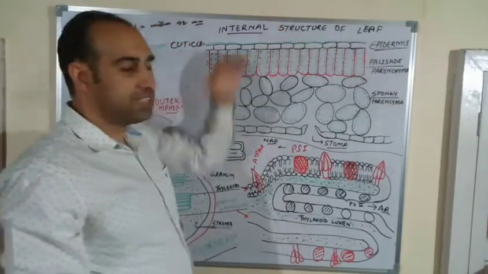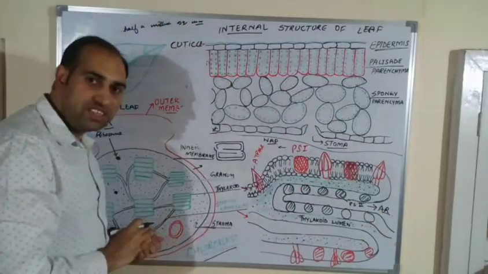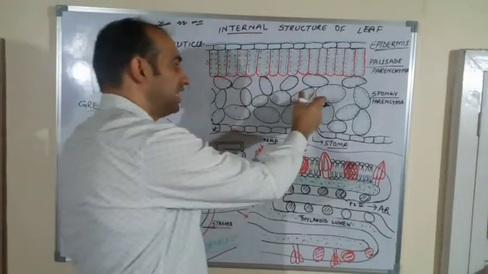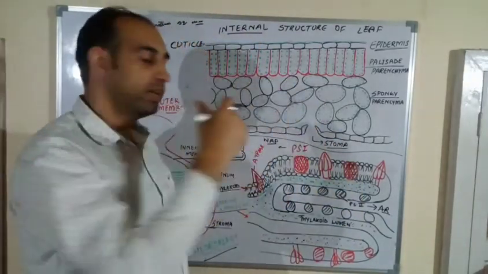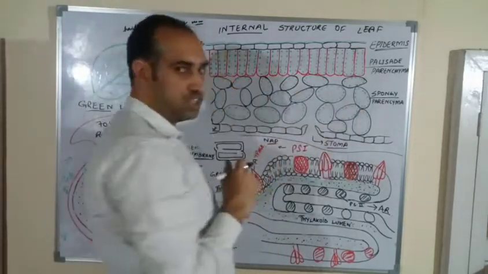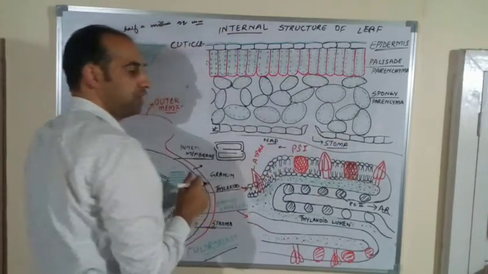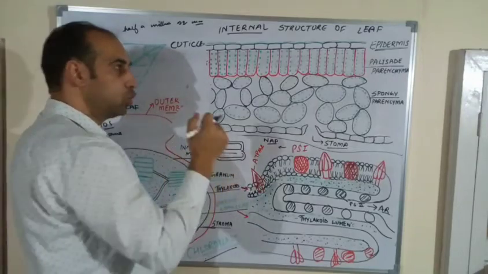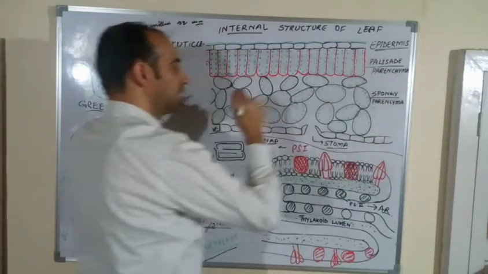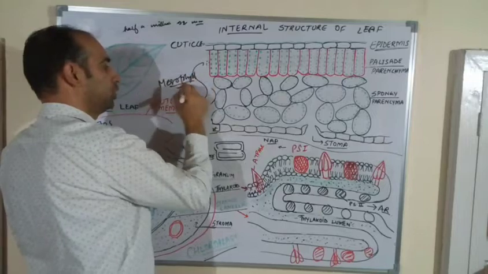Okay, this palisade parenchyma is followed by another loosely arranged cell with large intercellular spaces, which are meant for gaseous exchange and also for the transportation of water vapor. This irregularly shaped cell is known as spongy parenchyma. Together, palisade parenchyma as well as spongy parenchyma are called mesophyll tissue.